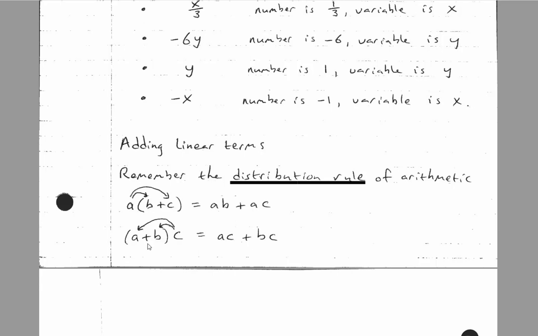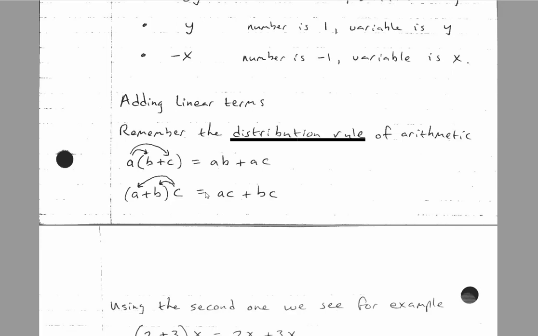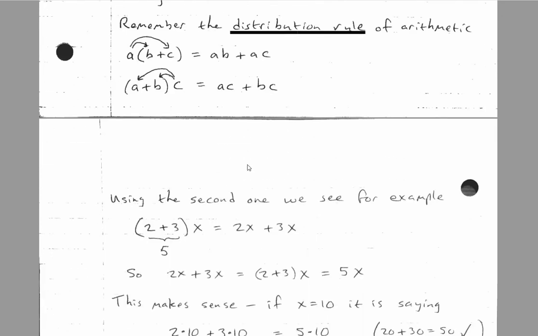And the same if you're multiplying on the right. So this c is multiplying the a and the b. So without parentheses, it's AC plus BC. Okay, so this distribution rule comes up all the time. This is what we need for combining like terms.